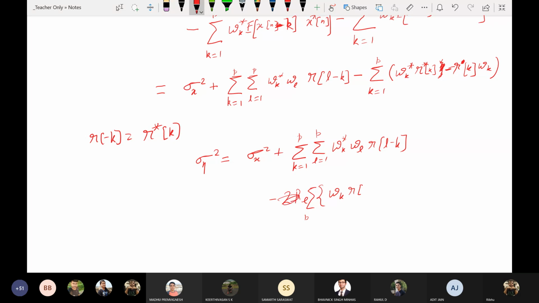This eraser causes trouble, so I'll write it like this. Twice the real part of wk rk summation, I forgot again, k equal to 1 to p.